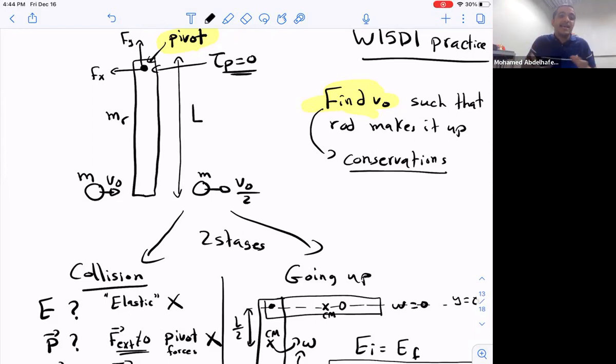So just think, is there something interesting before the collision started? And is there something interesting, some event after the collision ended? Sometimes you have the 3 stages, sometimes you have 2. Sometimes it's just all about the collision. The question can just give you the collision, that's it, and just 1 stage. You just have to read the problem and figure out how many different events, how many different stages are happening.